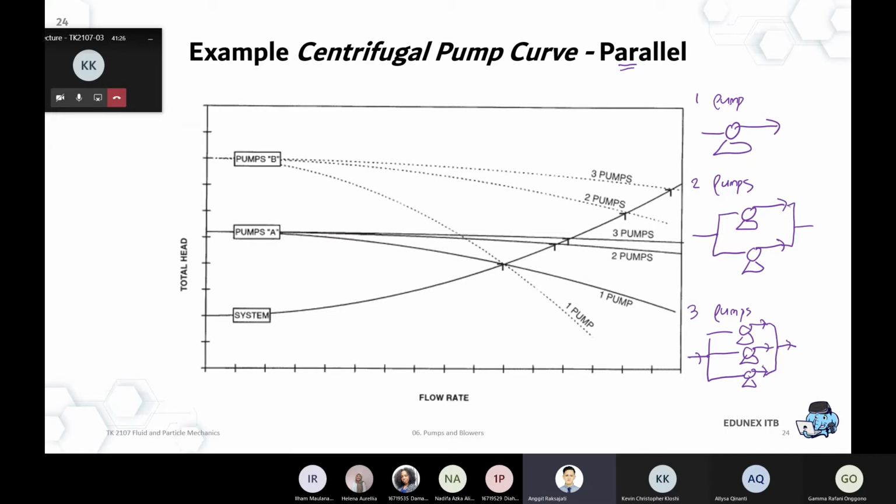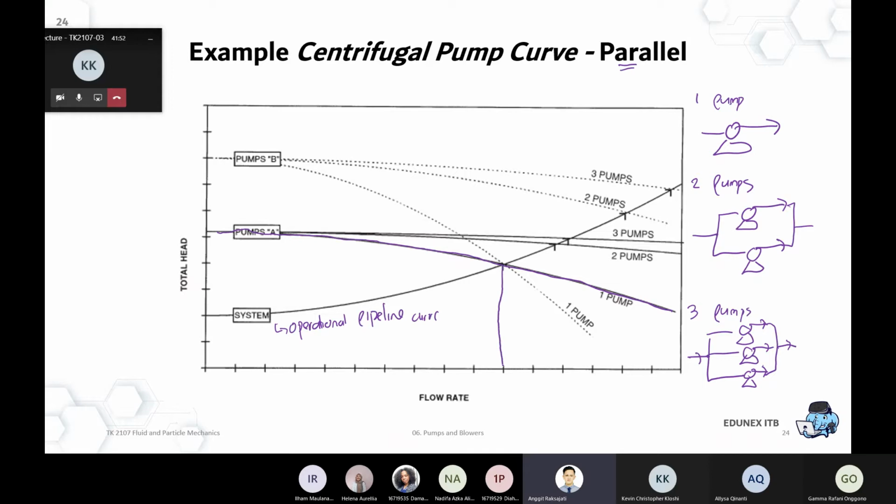So again, the one pump is the simple one. Let's say pump A, if only one pump, that would be the pump curve. And that is the system operational pipeline curve. Same thing as before. You find the intersection.